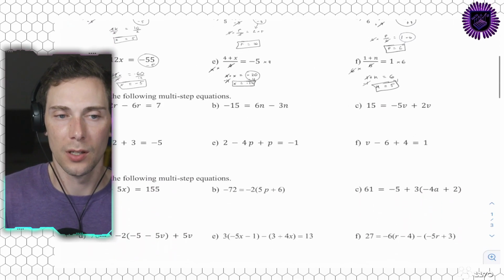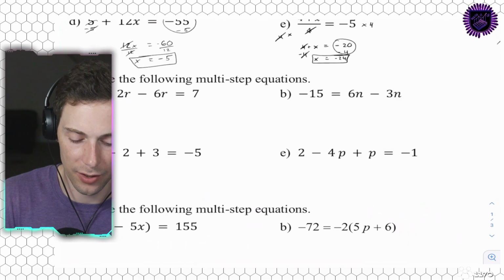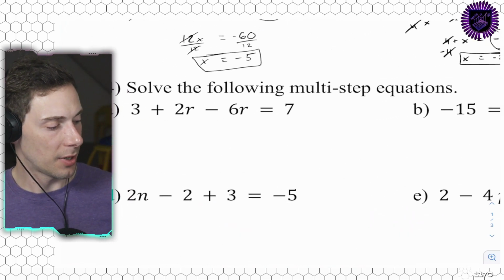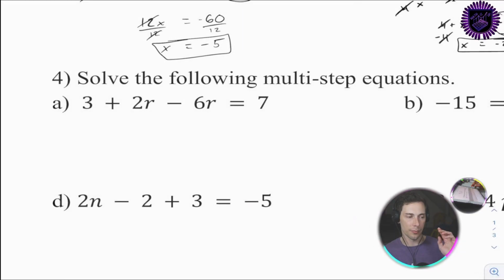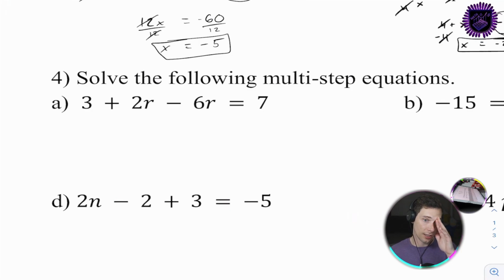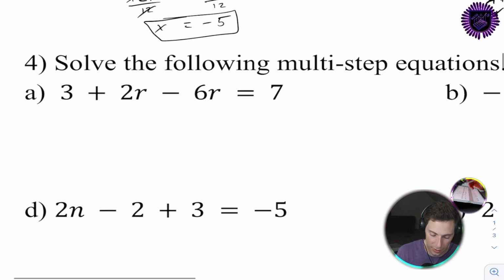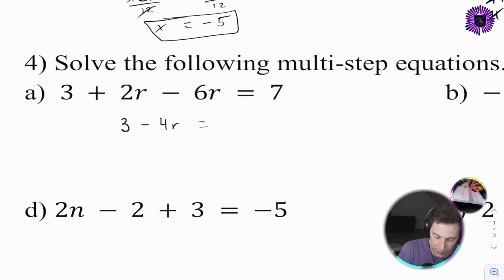All right. Multi-step equations here. Now, multi-step equations can be difficult if you don't pay attention. Combining like terms is the first one here. So let's rewrite the equation after combining like terms. So we're going to go 3 minus 4r equals 7, right?